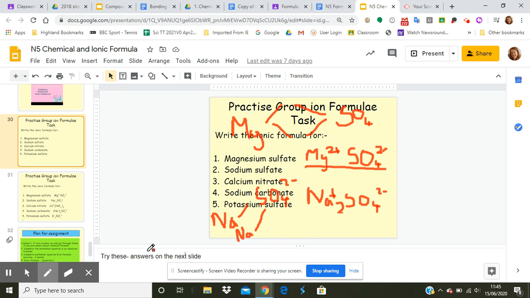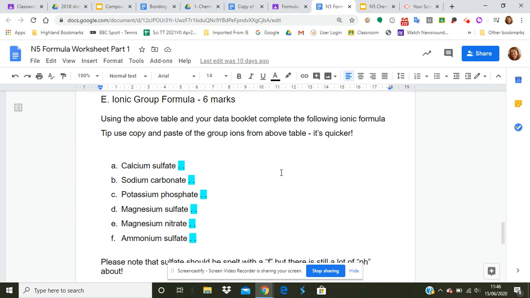Now, let's look at the worksheet, to see if there's anything slightly different there. I'm going to pick one that requires slightly harder thinking. If we take magnesium nitrate, magnesium is Mg 2+.